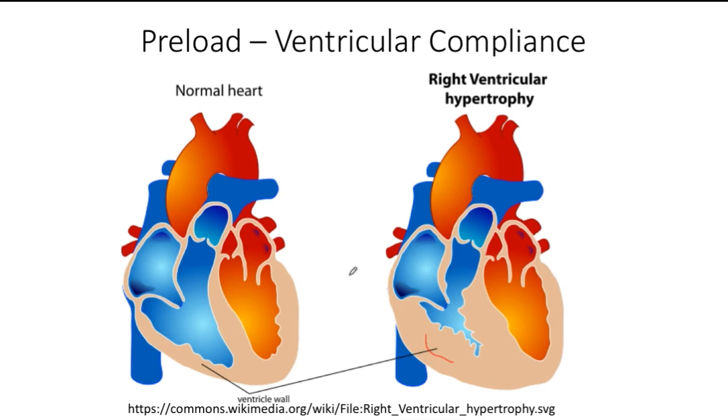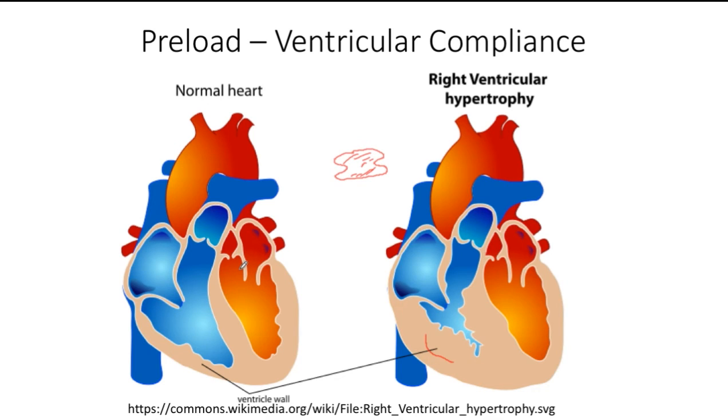Remember that cardiac muscle cells are amitotic. They don't undergo mitosis and they don't divide. The most common thing that causes this hypertrophy of the ventricles is chronic high blood pressure, chronic hypertension. Valvular stenosis or valvular prolapse can cause these as well, depending on which ventricle there's a stenosis with.